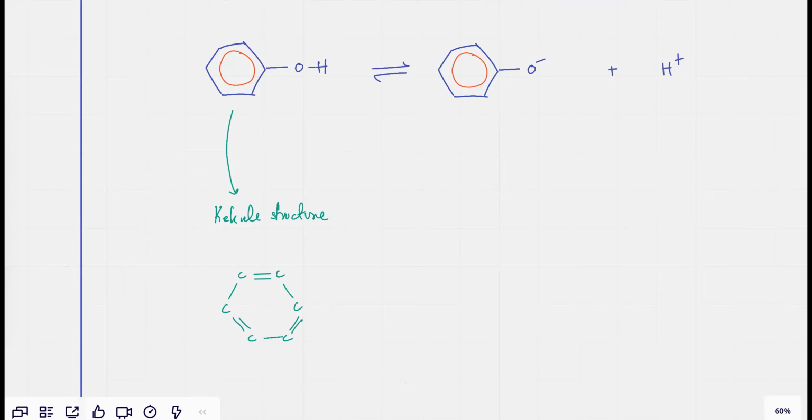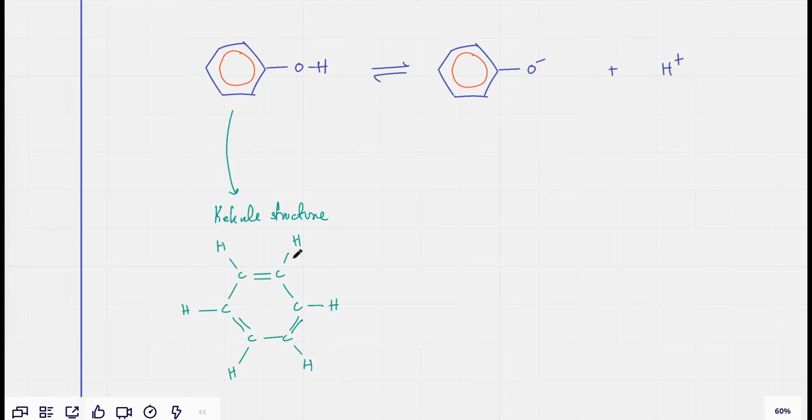Each carbon atom's fourth bond is going to form with a hydrogen atom. So there would be one hydrogen atom attached to each of the carbon atoms. Okay, so that's what a simplified version is.